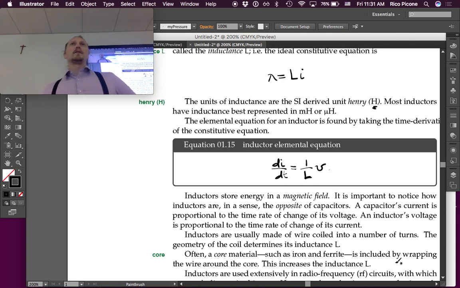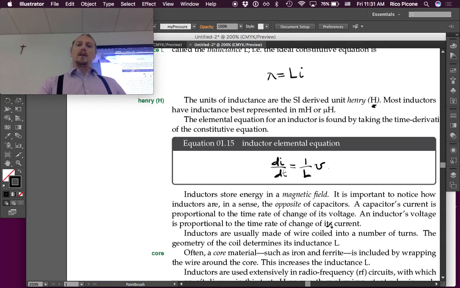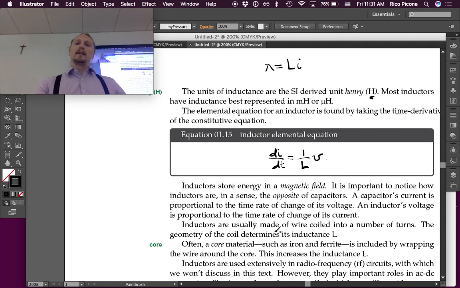Remember, capacitors stored energy in an electric field. It is important to notice how inductors are, in a sense, the opposite of capacitors. A capacitor's current is proportional to the time rate of change of its voltage. An inductor's voltage is proportional to the time rate of change of its current. So they're sort of dual in that sense.